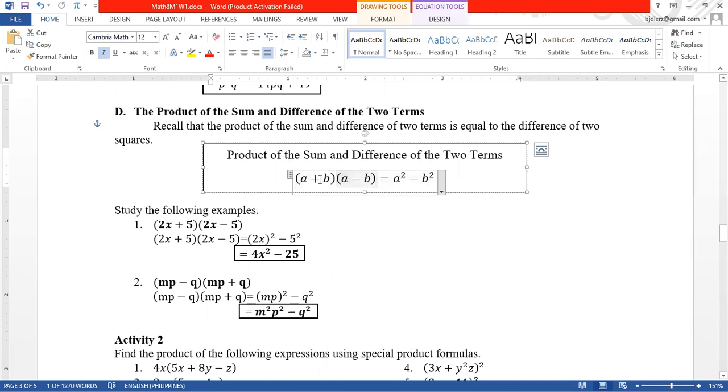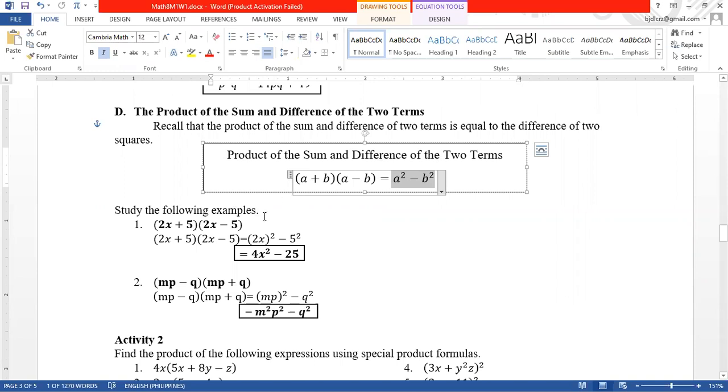So kung i-multiply na to ang positive and negative with the same variables which is si A lang and si B, directly you're going to square the first term and the second term, and the sign that you're going to use is negative. So is A squared minus B squared.